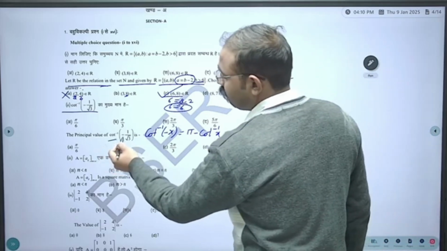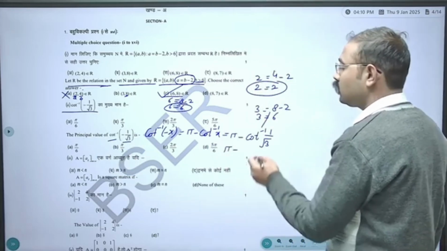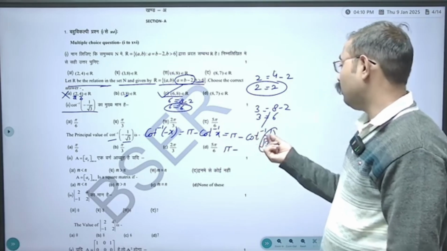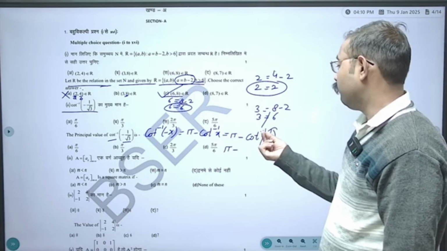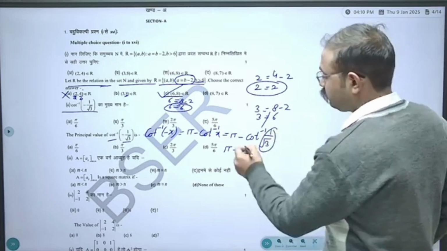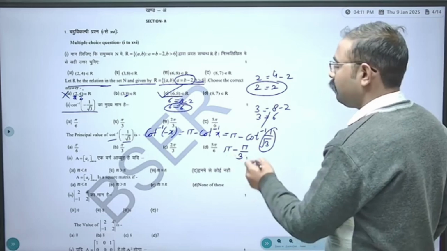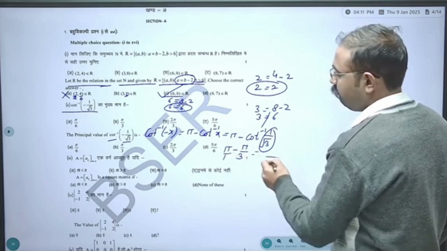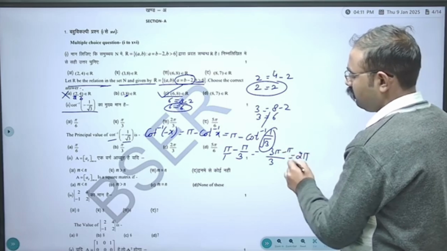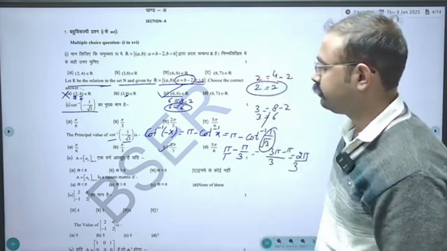Pi minus cot inverse 1 upon root 3 means for what value of theta we get 1 upon root 3 in cot. So it is pi by 3, and pi minus pi by 3, the LCM will be 3, so (3 pi minus pi) by 3, our answer will be 2 pi by 3. So here also option C is correct.